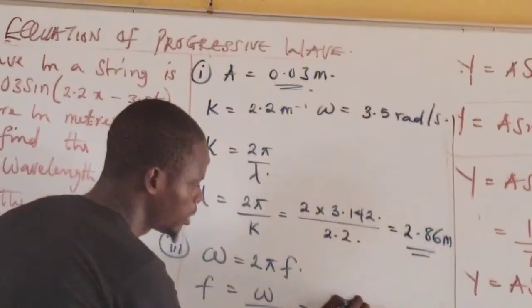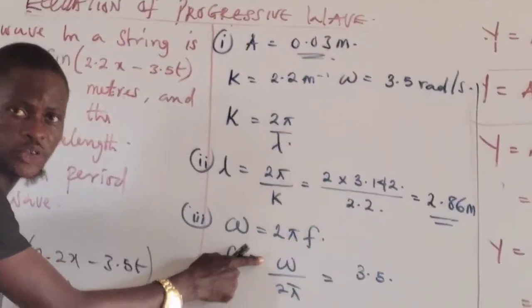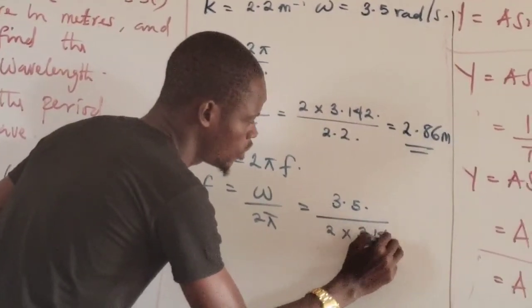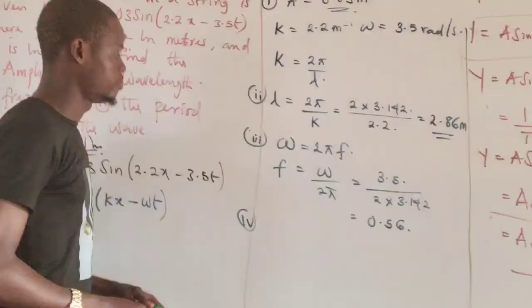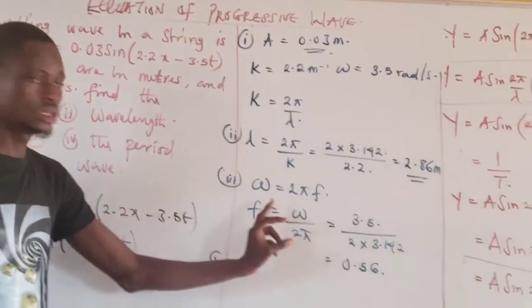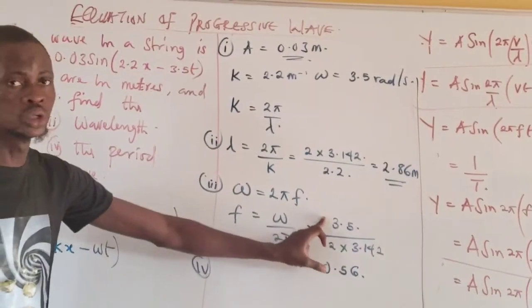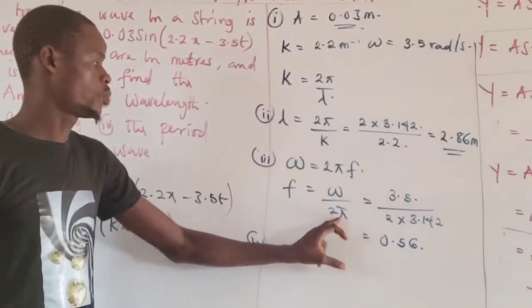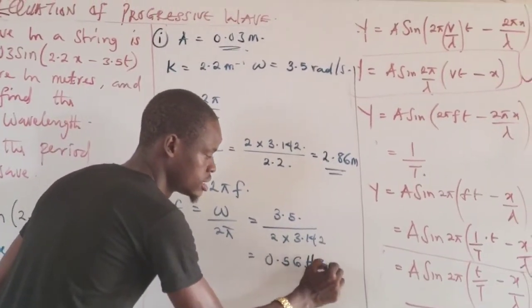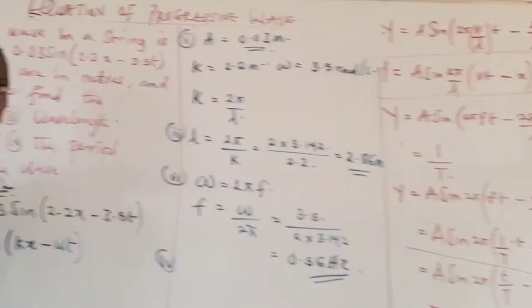I have 3.5 as my angular frequency over 2 times 3.142. Your angular frequency omega divided by 2 pi is going to give rise to 0.56 Hertz. That is my frequency altogether.